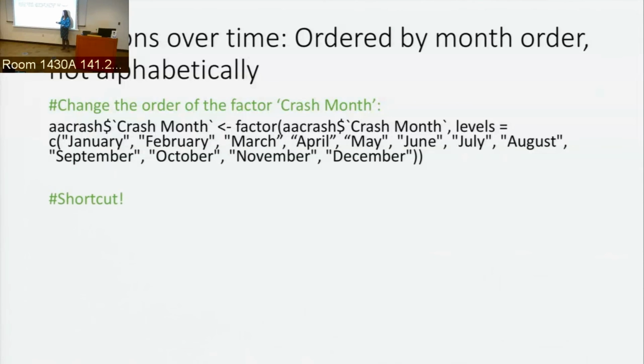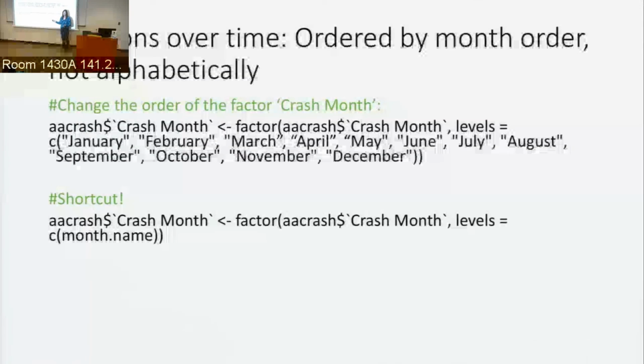Luckily for us, there's a shortcut because we're reordering a date variable: just type month.name instead of listing out all the different levels. But I wanted to show you this as a tool you can use for other categories that may not have a shortcut.